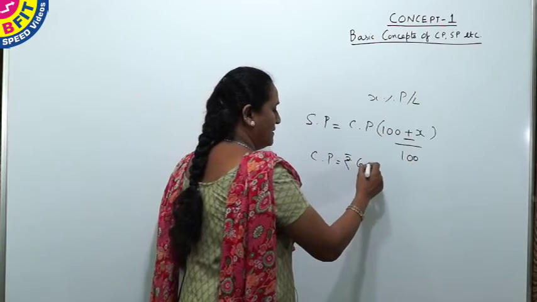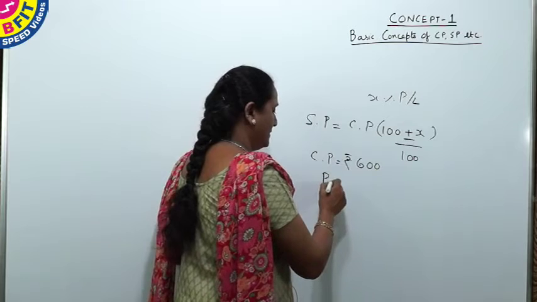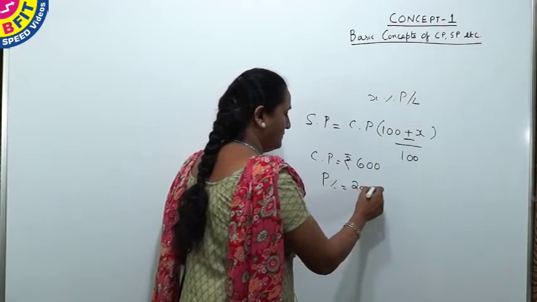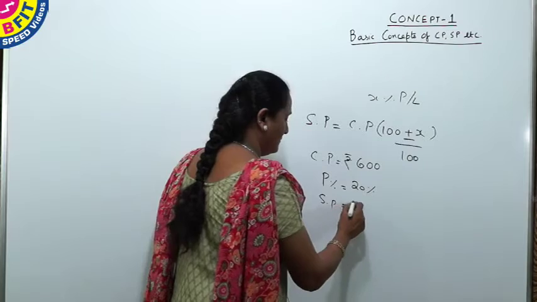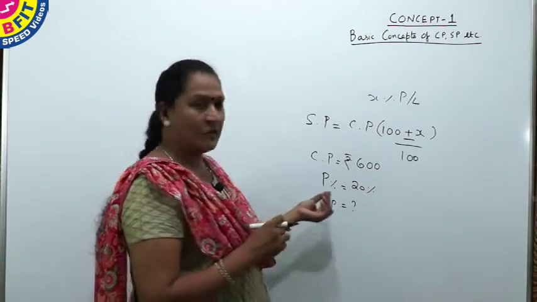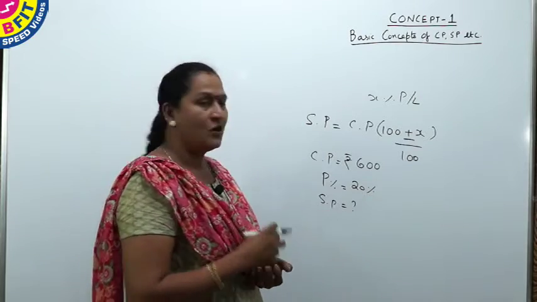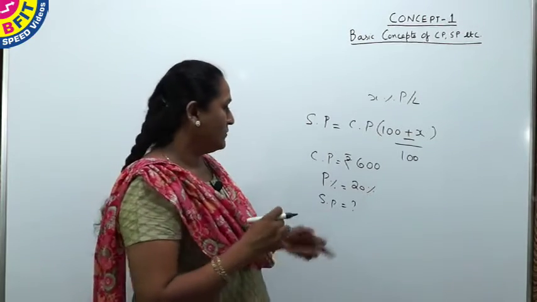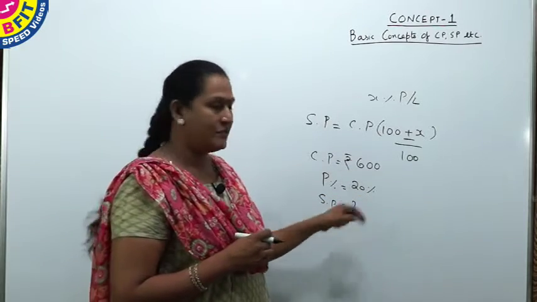Say for example, cost price is rupees 600 and profit percent is 20%. What is the selling price? The cost price is given and the corresponding profit percent is there, and we are asked to find the selling price. So how will you calculate the selling price? It is cost price into 100 plus 20, because this is profit.